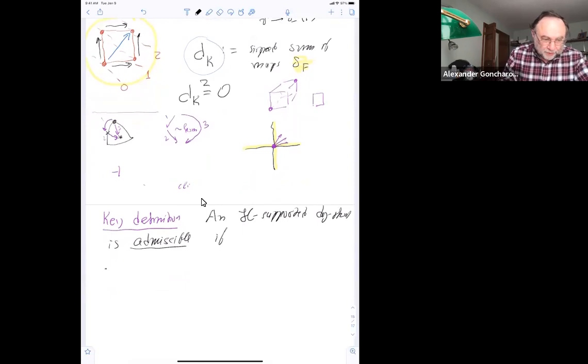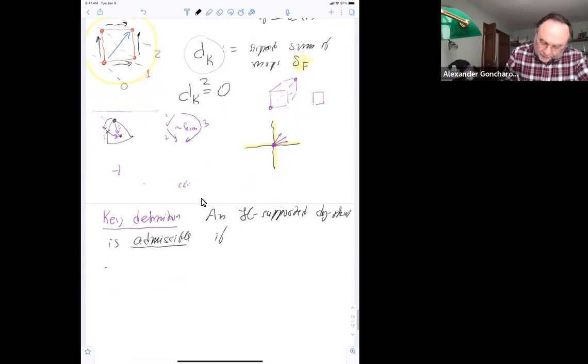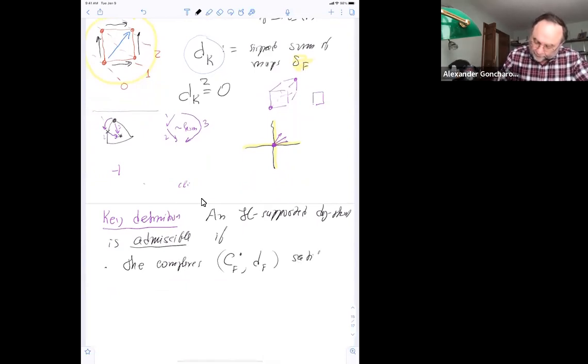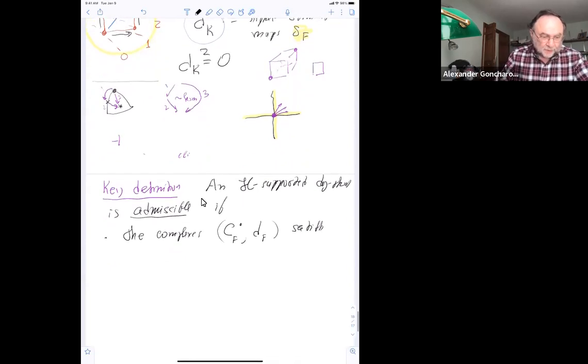It's more than just acyclicity. The condition is that the complexes C_F with differential d, I call them F, for each face, satisfy the following conditions.